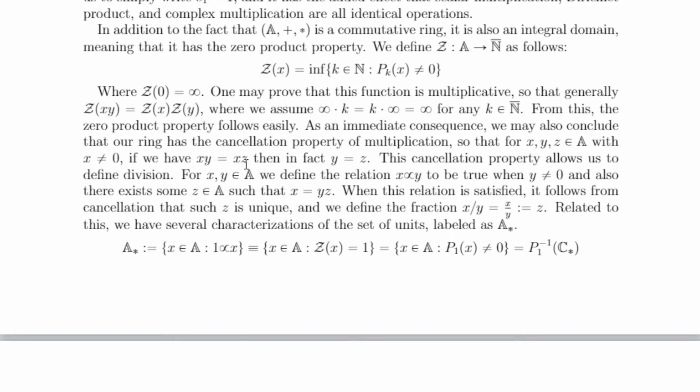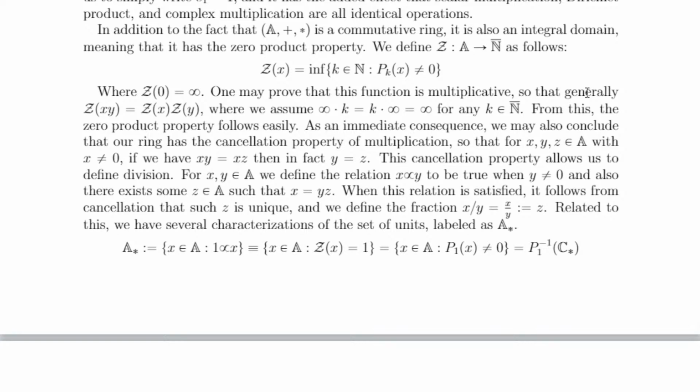To prove this, if you have x times y equals x times z, you can subtract x times z, then factor out x, and you'll get x times (y minus z) equaling 0. But we have the zero product property, and we specified that x wasn't 0, so it has to be that y minus z is 0. And of course that immediately gives us that y equals z. So the zero product property and the cancellation property are actually the same thing, as it happens.